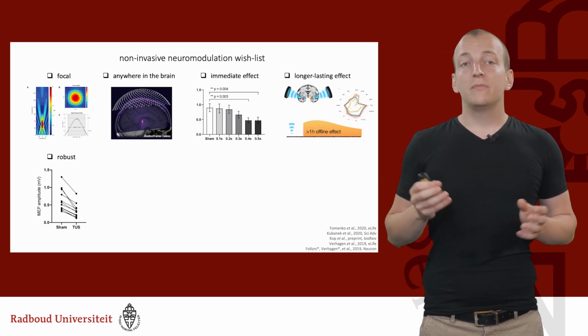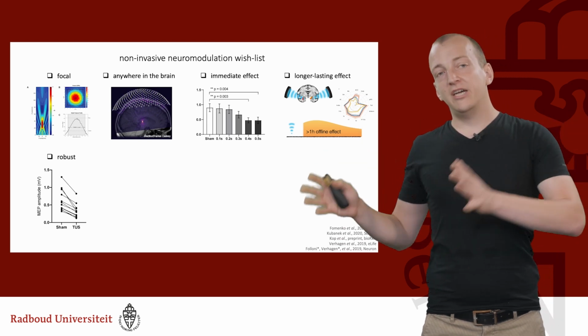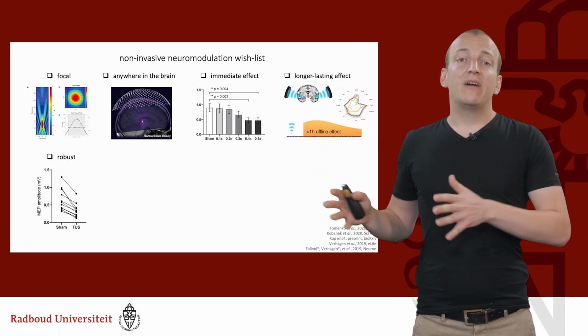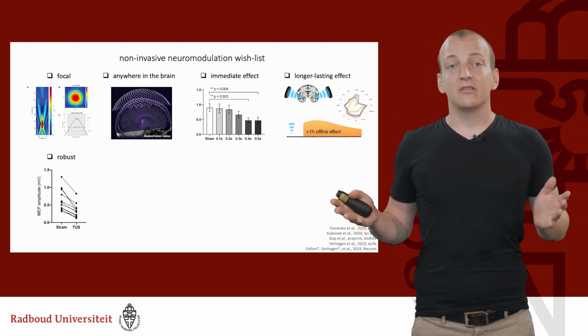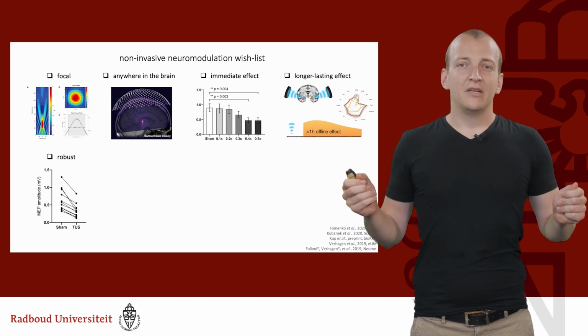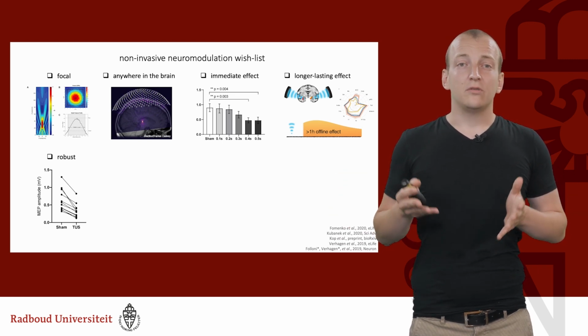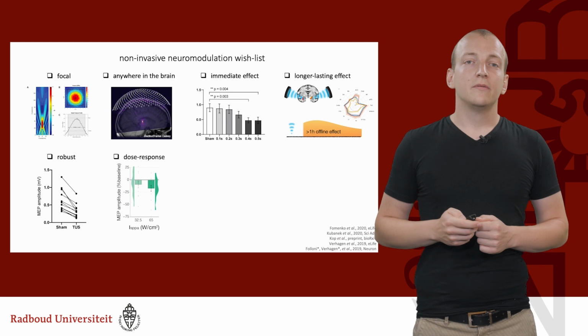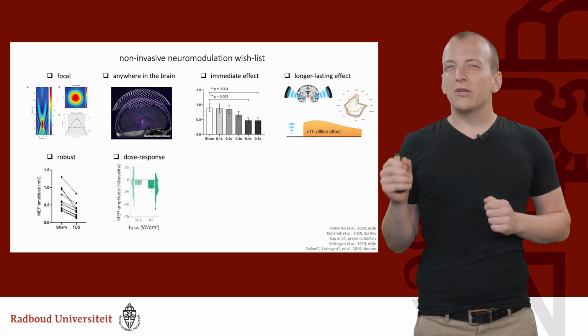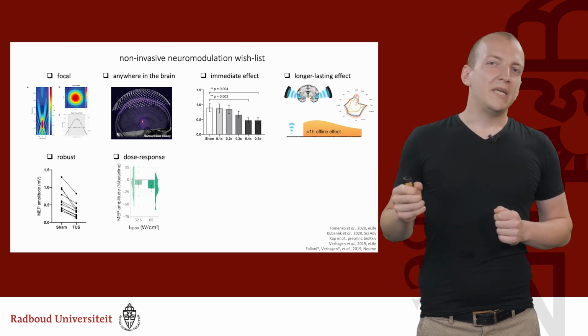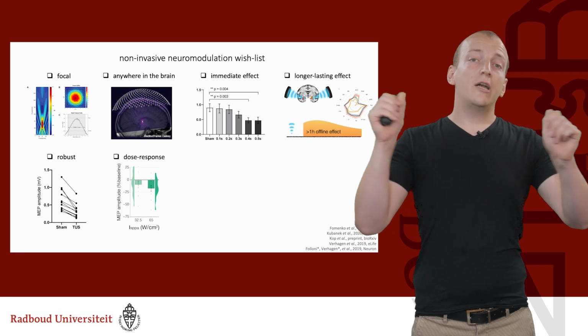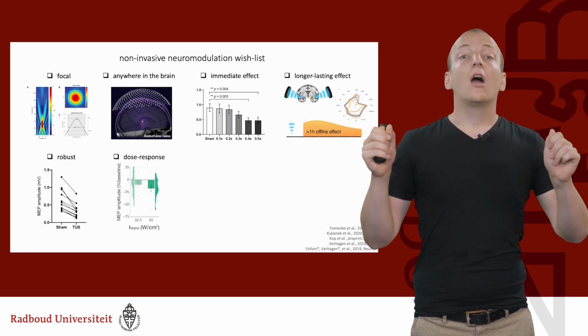We would like the effects to be robust, meaning that across subjects, the effects will be relatively stable and in a similar direction. Having lots of variation might reduce the efficacy of using such a neuromodulation technique. We would like to see somewhat of a dose response. What does that mean? It means that with higher amounts of energy, we also see larger effects.